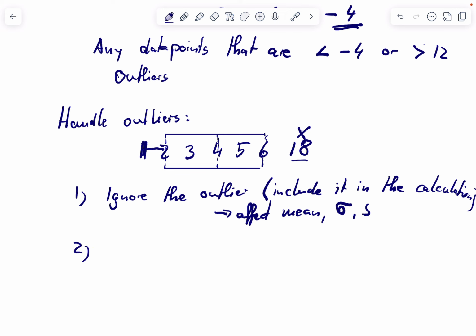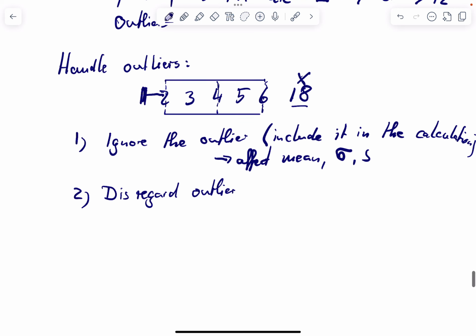The second method that we could use is to disregard the outlier. We just do not include the outlier, and we do all the calculations based on the data without the outlier.